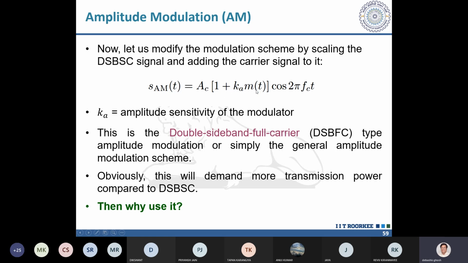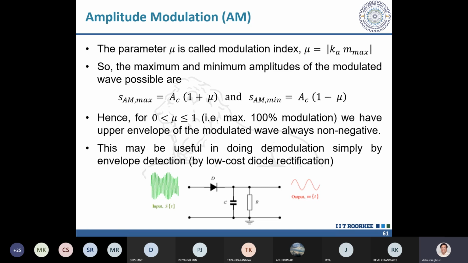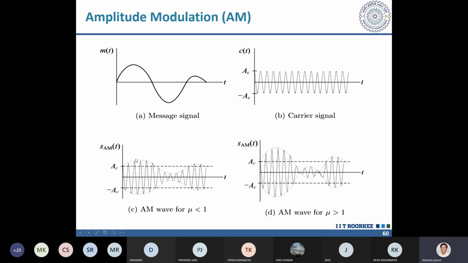So Ac into 1 plus mu is the maximum possible value of S, and Ac into 1 minus mu is the minimum possible S. That is what I have written here: S_AM max is Ac into 1 plus mu, and S_AM min is Ac into 1 minus mu. This is my Ac(1 plus mu), and this is Ac(1 minus mu).